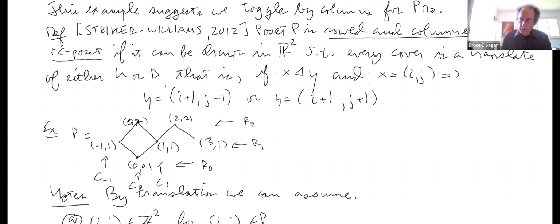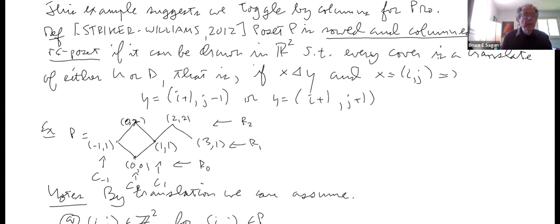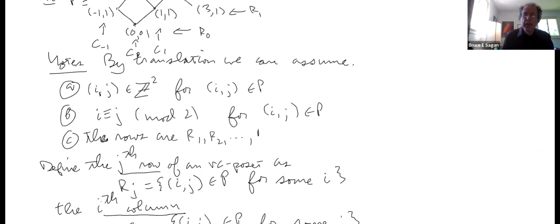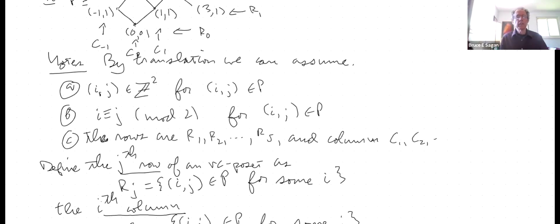Good. So one more thing is, by translation, we can also assume that the rows, just to make the notation easy, start at R_1 and go to R_2 up through some R_S, and the columns are C_1, C_2 up through some C_T, say.